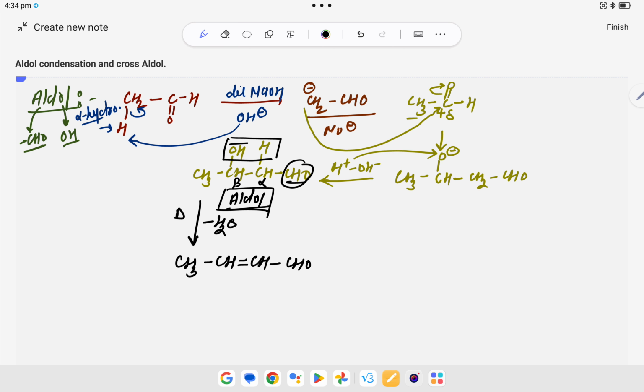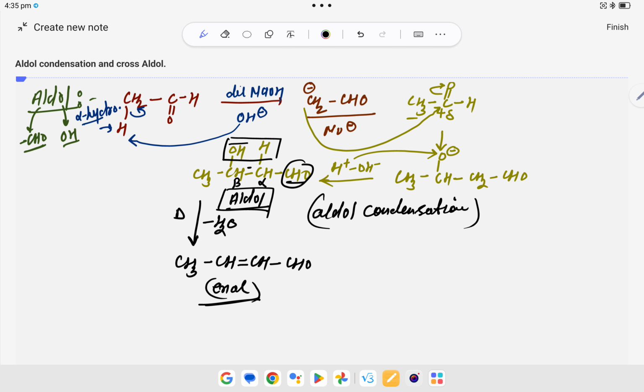These two electrons are converted into a double bond here. So enol formation is done. That is our enol form. Simple process. So this is called aldol condensation. Aldol condensation is completed.